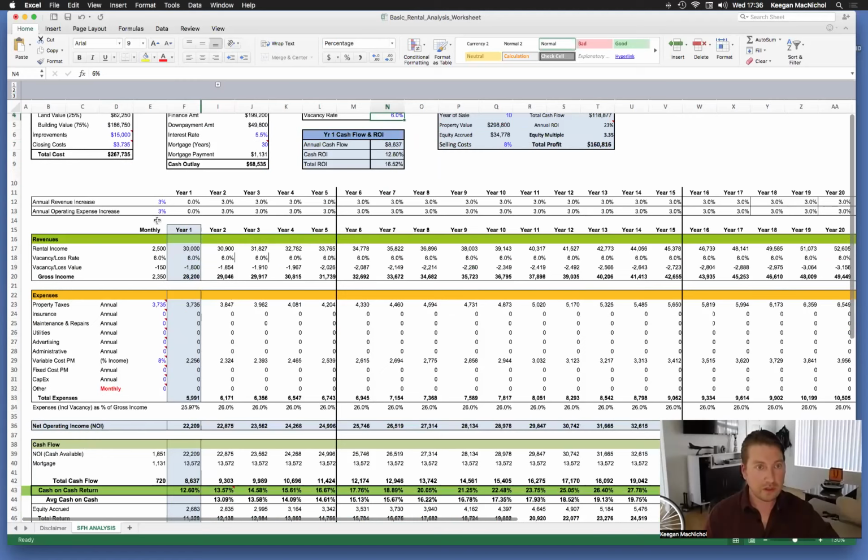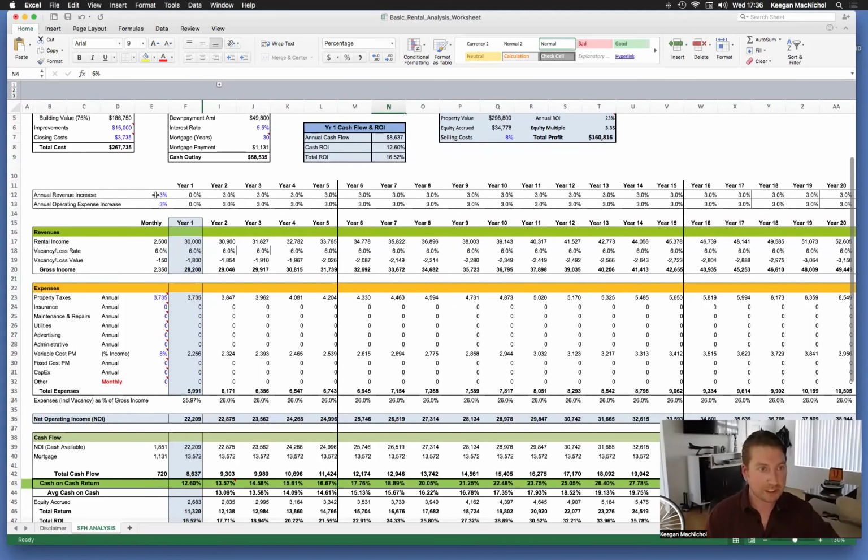So moving down the spreadsheet, annual revenue increase. What this does is it's saying that you're going to increase rent by 3% every year, which I think is pretty achievable. If you're charging $1,000 a month, 3% is $30. So generally you can always raise the rent $25, $50 a month to stay in line, keep up with inflation, stay up with the market.